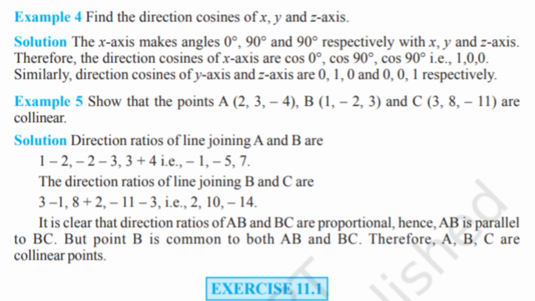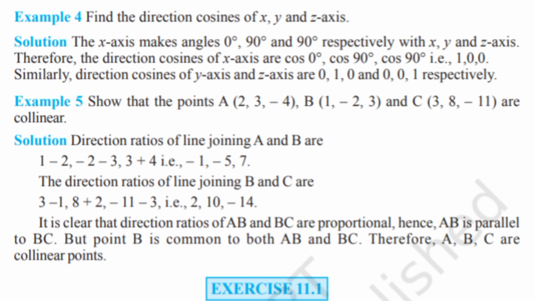Direction ratios of the line joining A and B are 1 minus 2, minus 2 minus 3, 3 plus 4, that is minus 1, minus 5, 7. The direction ratios of the line joining B and C are 3 minus 1, 8 plus 2, minus 11 minus 3, that is 2, 10, minus 14.